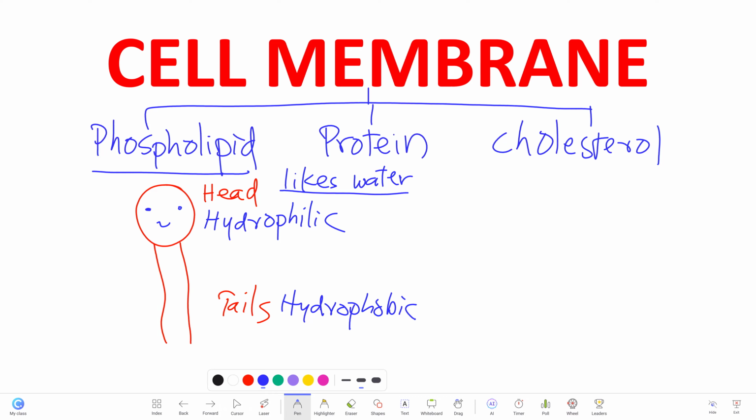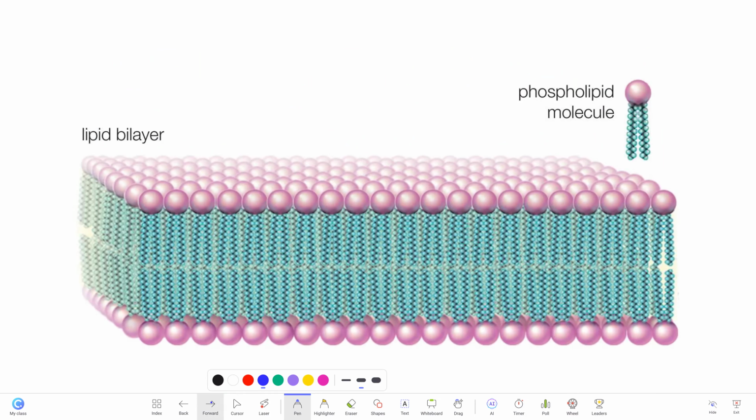Understood? So what is phospholipid made up of? Two parts. Head and the tail. What is head? What's special about head? It likes water. What do you call if it likes water? Hydrophilic. And the tails hate water. What do you call the tail? Hydrophobic. Okay. And cell membrane has two layers of phospholipid.